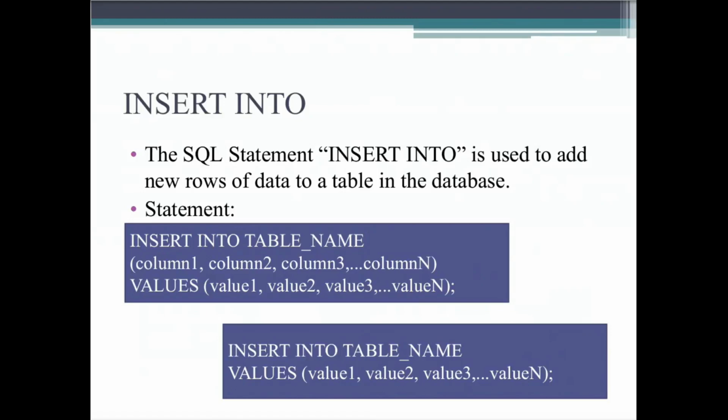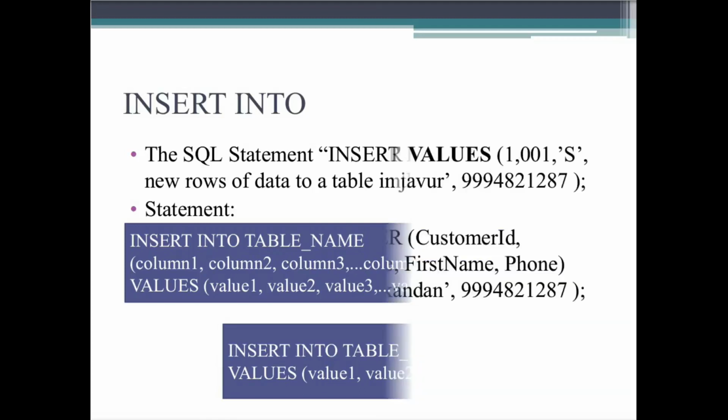The difference between these two methods is that in the first method, by mentioning the column names, we can mention only particular columns from the table, so we need to give values for those columns alone. Without mentioning the columns, we have to give values for all the columns.